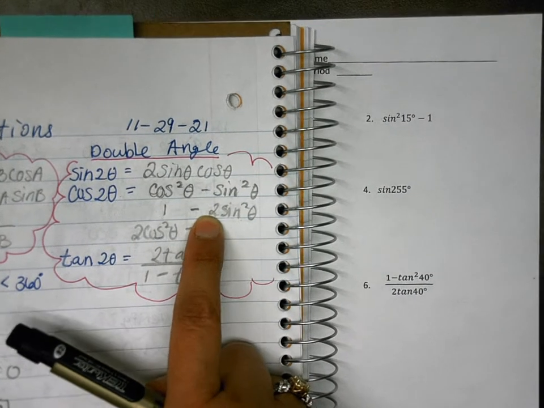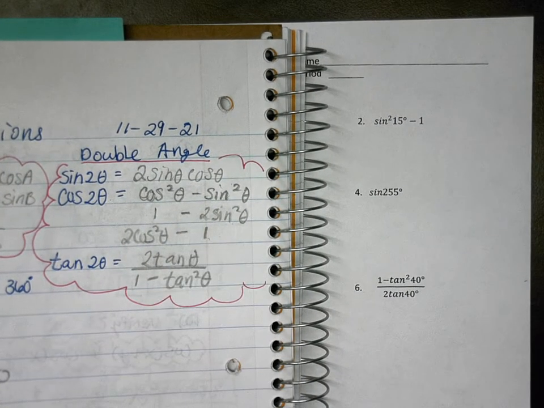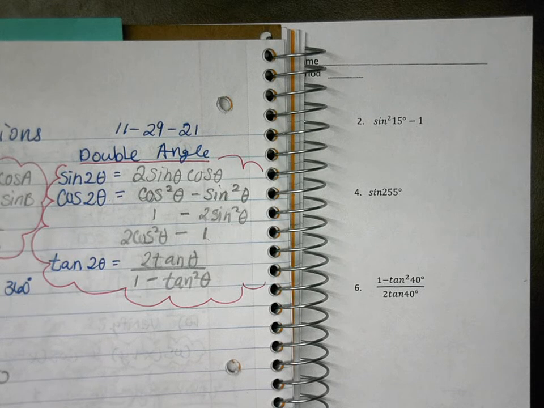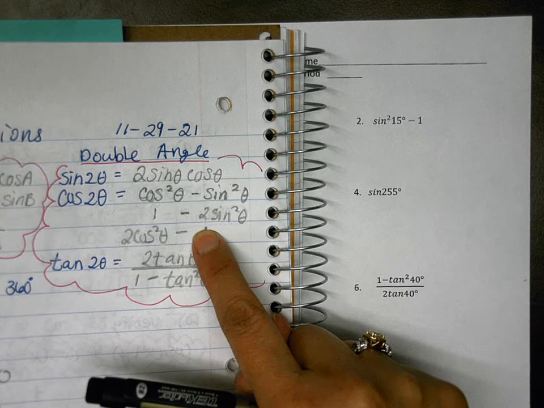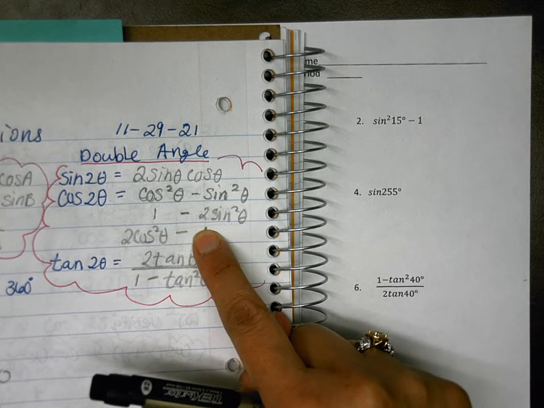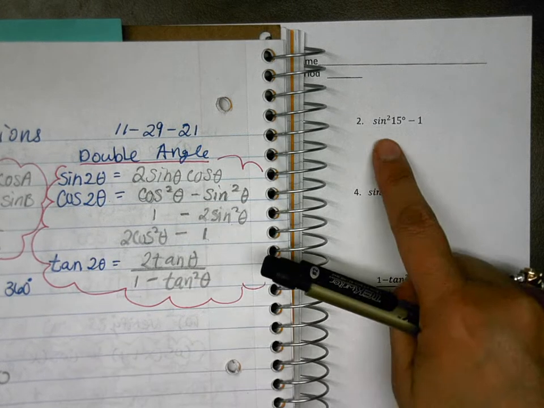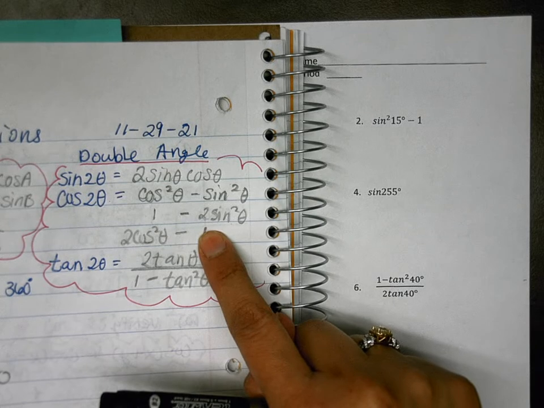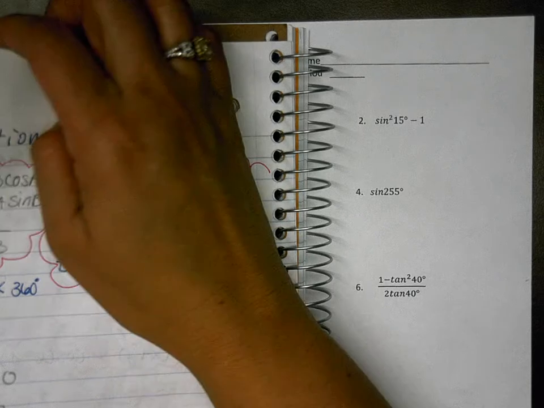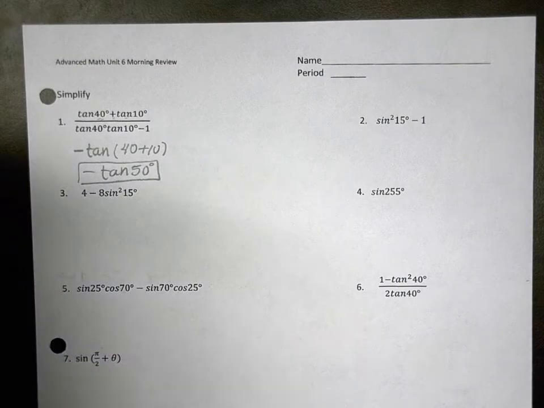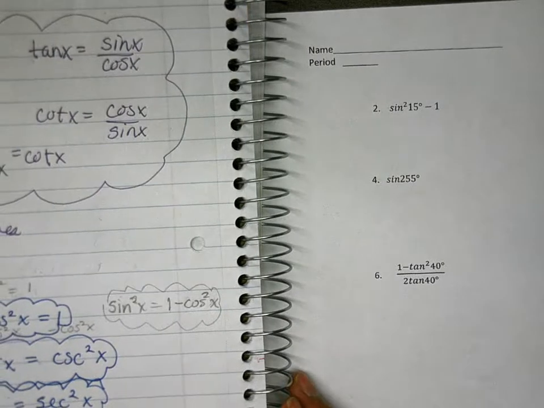But the 2 is missing, and if you're going too fast, you don't see that. So please be careful and pay attention. If the 2 is missing, does it make a difference? Yes, but if you're going too fast, you're not going to recognize the 2 is missing, so pay attention. If the 2 is missing, it's not this formula at all. It's this one over here.